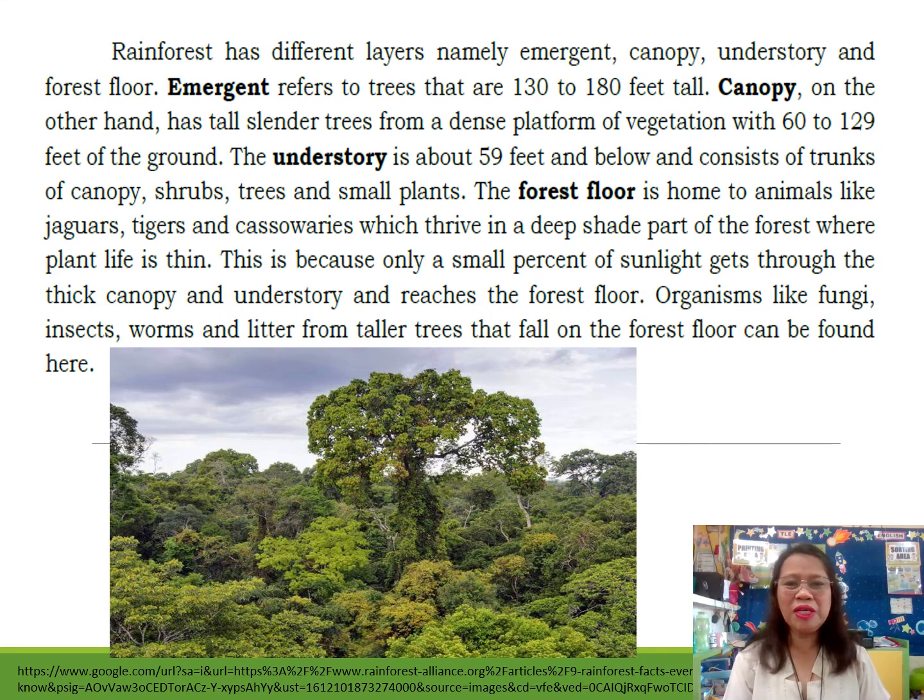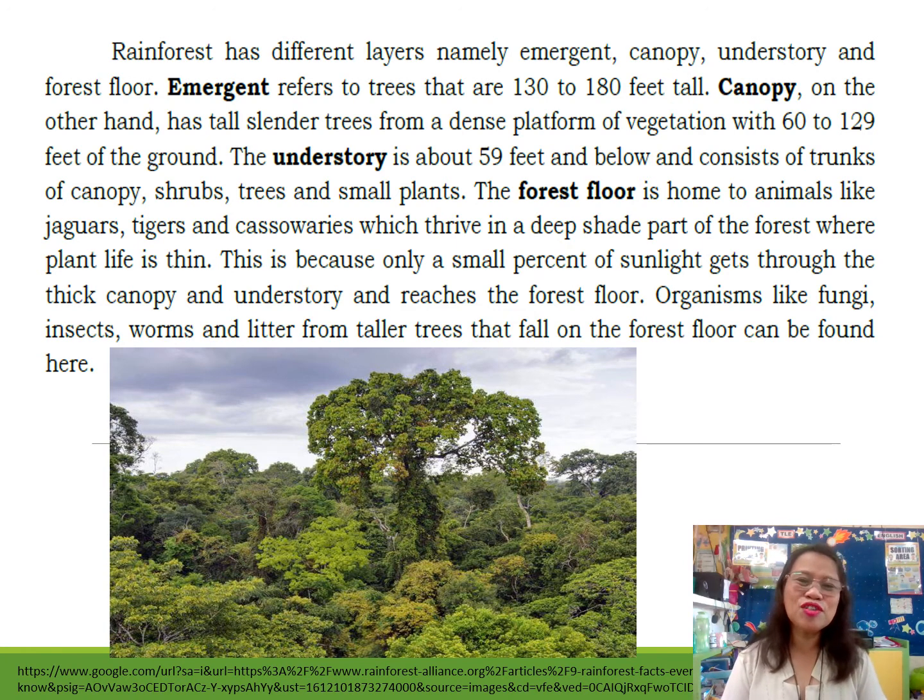While the canopy, on the other hand, has tall, slender trees from a dense platform of vegetation with 60 to 129 feet on the ground. So, gikan sa ground, pasidong siya sa taas, ang iyang katason mo abot og 129 feet. Mga 60 to 129 feet na siya sa canopy. Mura na sila mo atop sa forest.